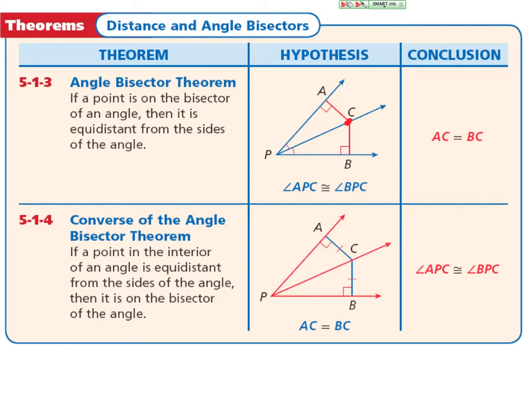So you either start knowing that it's an angle bisector or conclude that it's an angle bisector, depending which theorem you're using. So equidistant, but equidistant from the sides instead of the vertices. So it's a little bit different thing.